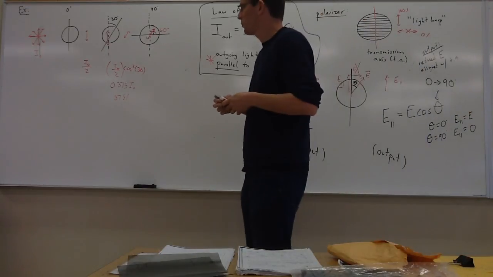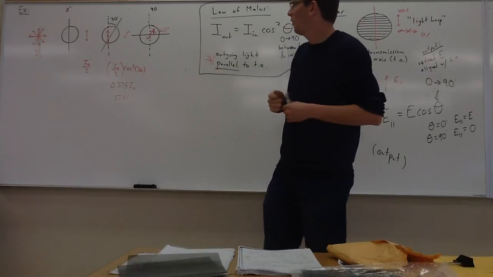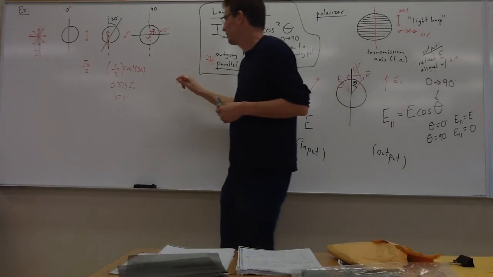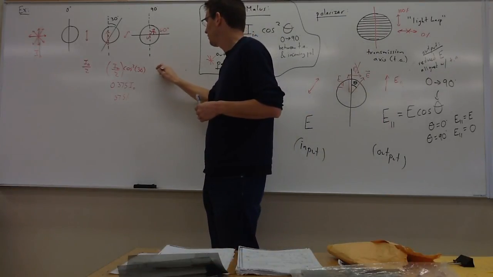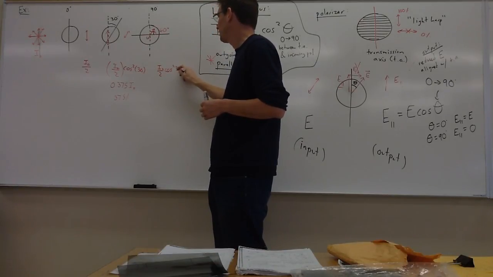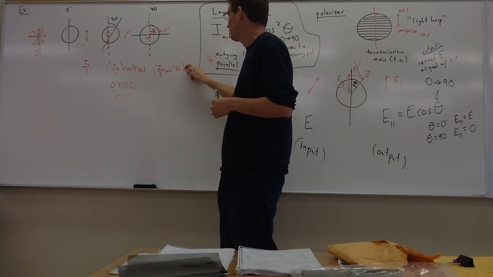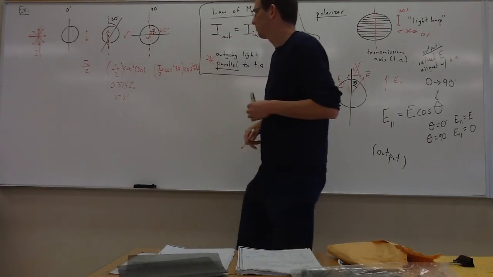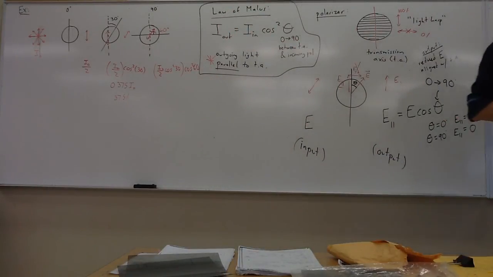So we're going to have a further reduction of cosine squared of 60 with what went in, which was I naught over 2 cosine squared of 30. And now that's going to be reduced by cosine squared of 60 as well. Okay? So you can see that each polarizer appends its factor to the original.